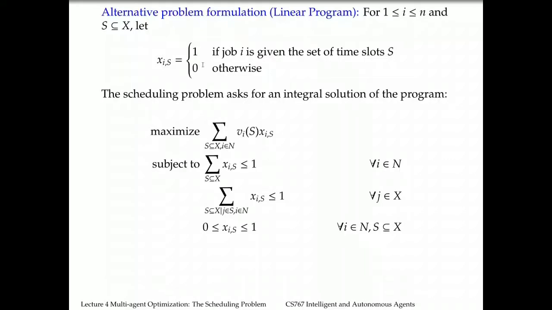So the scheduling problem asks for an integral solution that satisfies this problem, where we have the objective function being the sum for all of the subsets S, for all of the jobs i, of v_i(S) times x_iS, subject to the sum of all of the x_iS less or equal to 1, ranging over all of the S's.